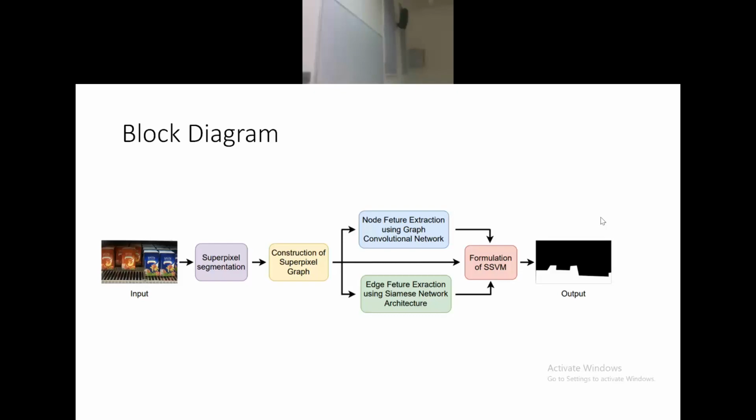Why SVM? Because essentially it's a binary classifier. You say black or white, gap or no gap. So SVM is an ideal scenario here, but the features of the SVM are coming from a node and edge feature extractor. It's a Siamese network, the same kind of network working for two different inputs.